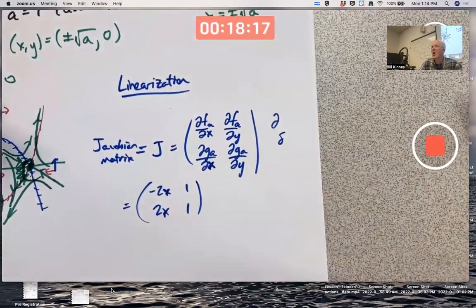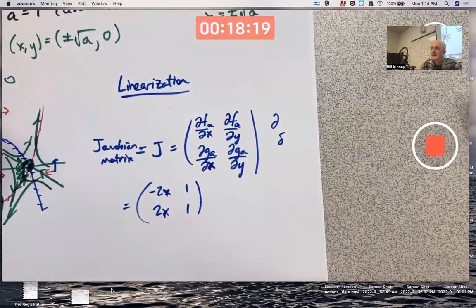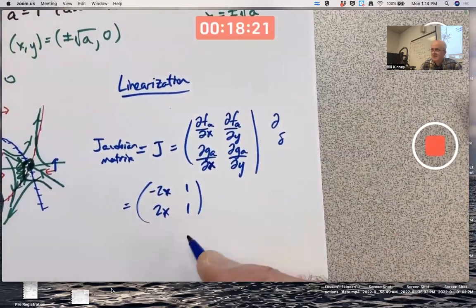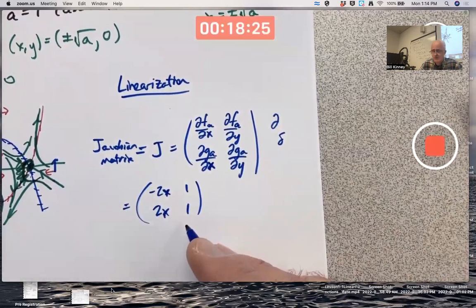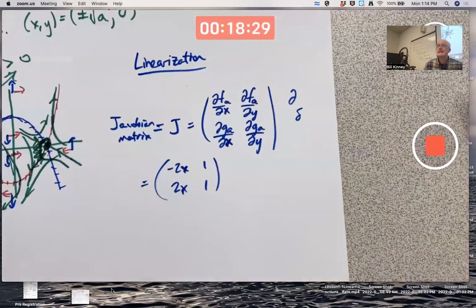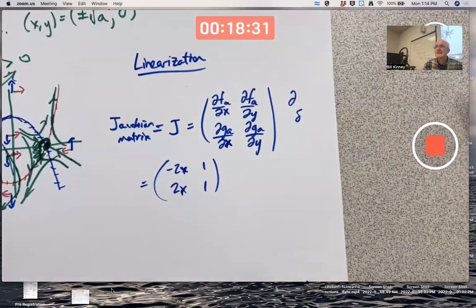There's your general Jacobian matrix. It's a function. A matrix valued function. Plug in a point x, y, you get a matrix. Weird. Well, we do lots of weird things in this class, but there it is. What do you want to do with it? You want to plug in the equilibrium points into it.